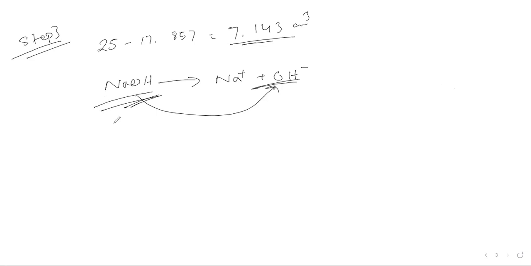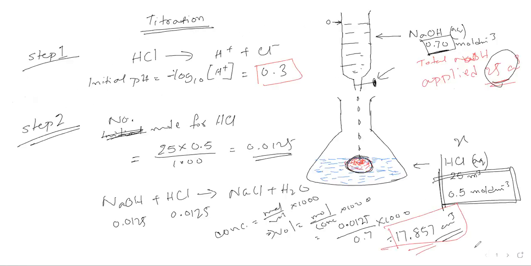So what can we do is, we know the NaOH mole being used is 0.0125, which we found in step 2. Now, can we somehow find the total mole of sodium hydroxide? Obviously we can, because we have the concentration and we have the volume which are being used.